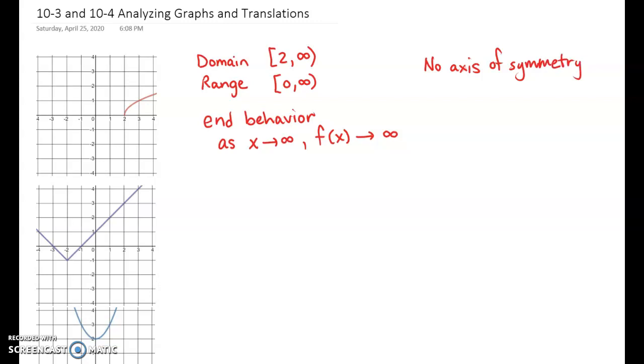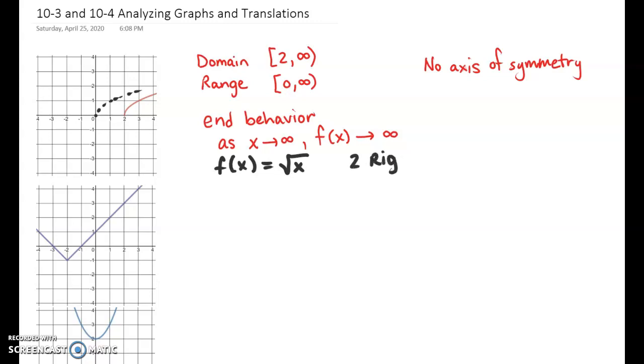Now, as far as translations go, I know that this is a graph of the square root function. The original square root function looks like this, and that's the one that starts at 0 and continues up. But this one has been translated. It's been translated 2 to the right.